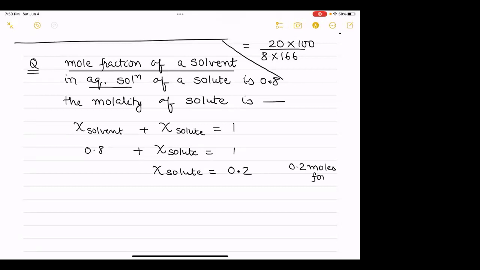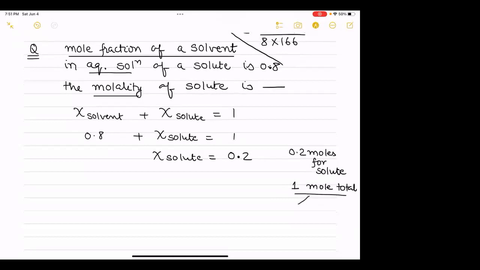So 0.2 moles for solute and 1 mole total, because it is fraction, that is for solute and solvent both. And what I need is only molality. So 1 mole total means 0.2 were there for the solute, that we already know, and 0.8 moles were there for the solvent.